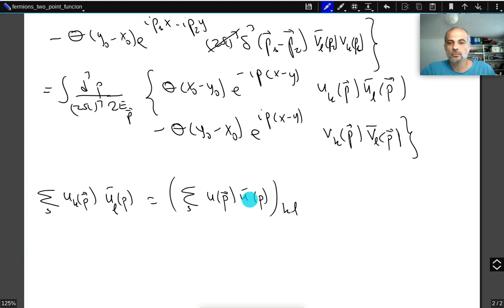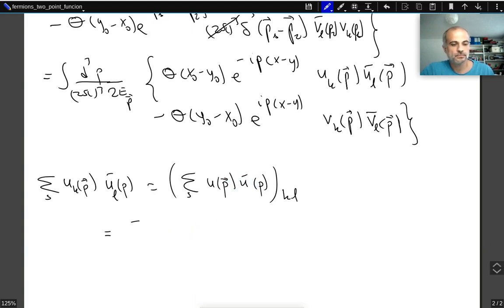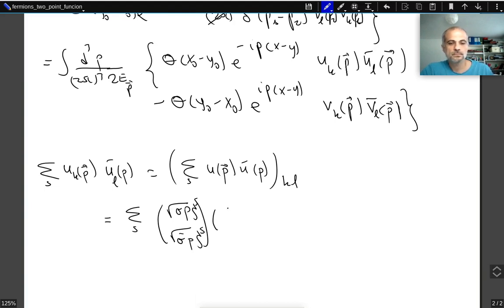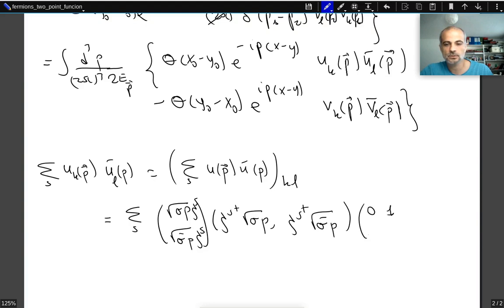So I know what u and ū are. This is equal to the sum over s. u is given by √(σ·p) ψ_s, √(σ̄·p) ψ_s. ū is u†γ⁰: ψ_s† √(σ·p), ψ_s† √(σ̄·p), times γ⁰, which is (0 1; 1 0).